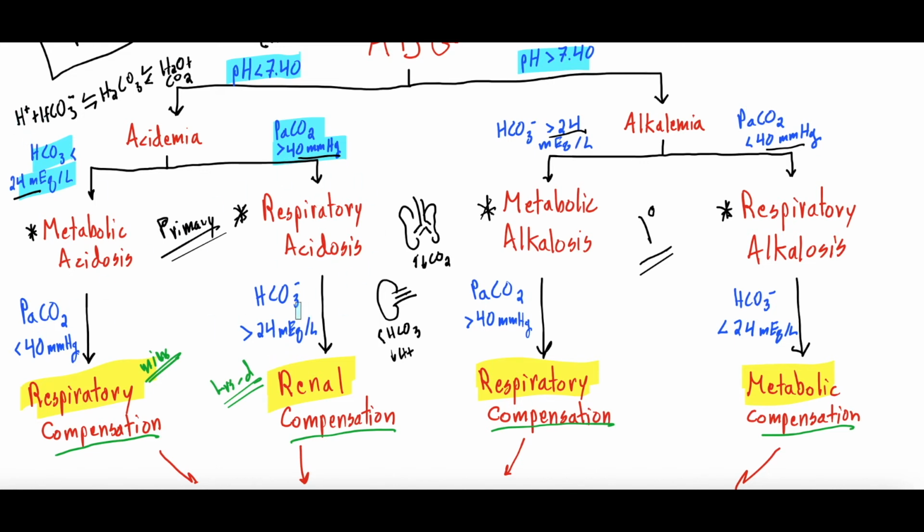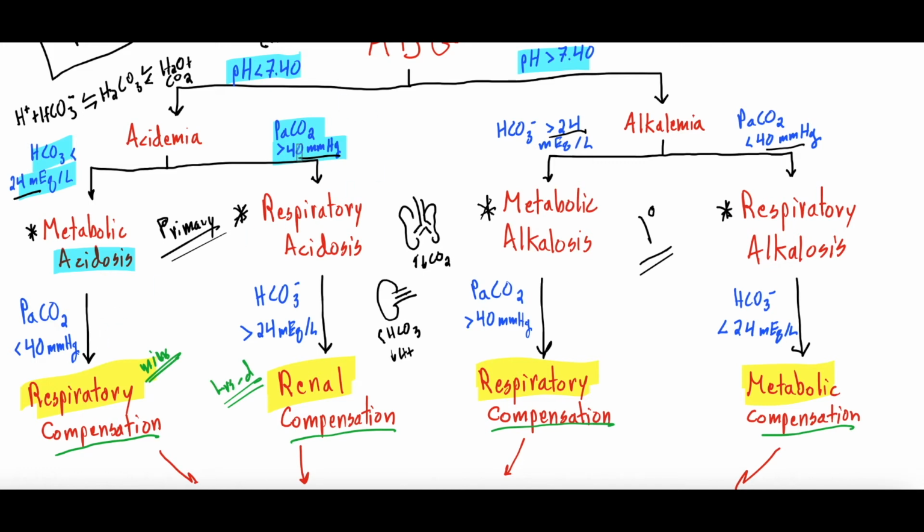And then it's kind of flip-flop whether it compensates, right? Because to compensate means you're trying to bring the blood pH back to a normal amount. So if the primary disorder is an acidosis, the appropriate compensation is trying to make the blood less acidic, or you could think of it like trying to induce an alkalosis to balance it out.